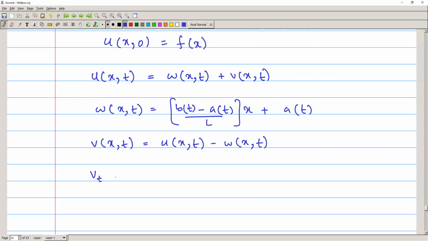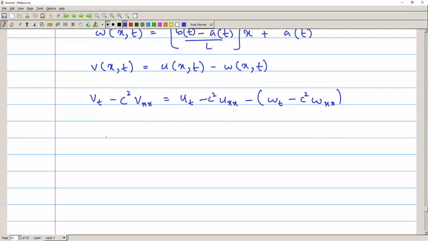So we can write in this form: v_t minus alpha squared, or let's say c squared, if some constant is given, c squared v_xx equals u_t minus c squared u_xx minus w_t minus c squared w_xx.